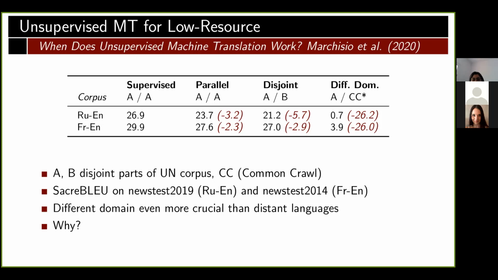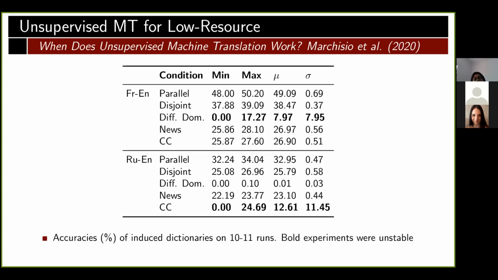How important is the domain for the translation quality one can get with unsupervised neural machine translation? And the answer was cross-lingual embeddings. If they want to initialize the system with cross-lingual embeddings, what they do, as we have seen, is take our monolingual corpus, train our monolingual embeddings, and map them together.